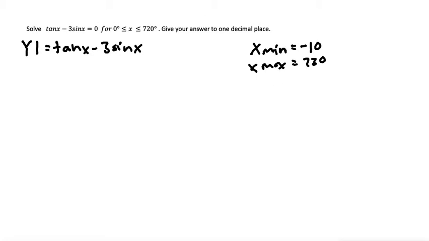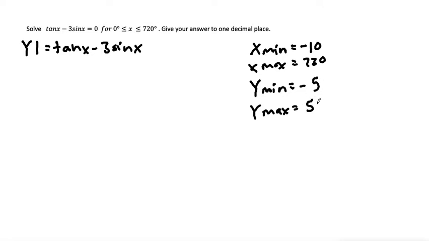From there, I did my x scale as 5, but not sure that that's really that important. Usually with trig functions you're mostly going between -1 and 1, but because there was a tan, I wanted to give myself a little more space, so I made my y min -5 and my y max +5.